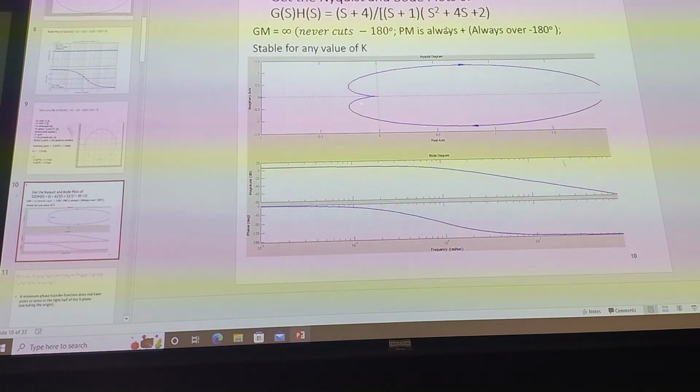And then this system is always stable for any value of K. The problem is when the gain is too big, then this figure moves to the left, and you may have the gain margin reduced, but in this case it is stable.